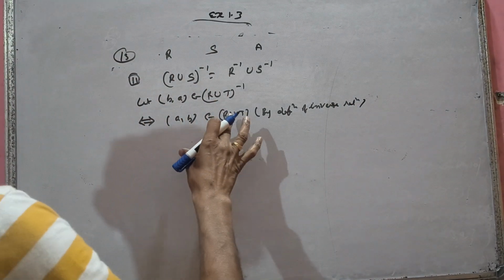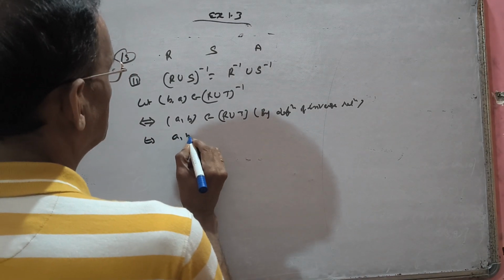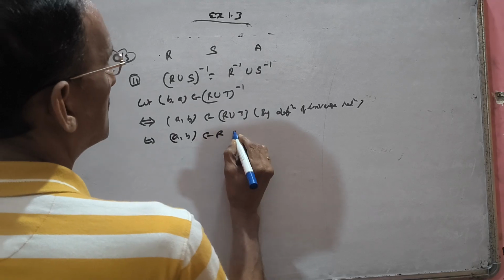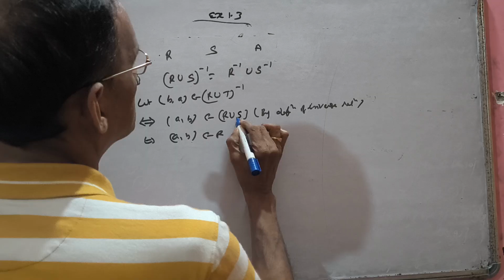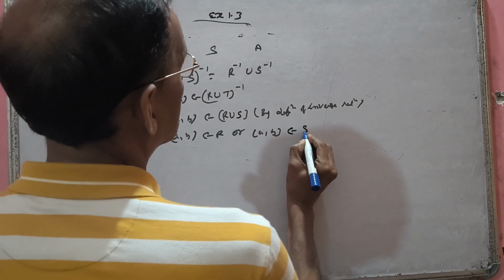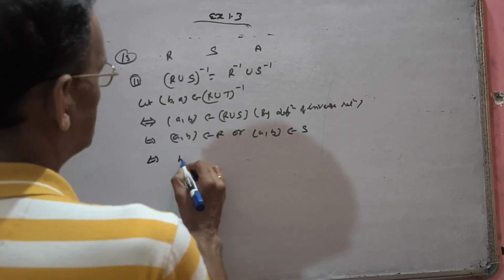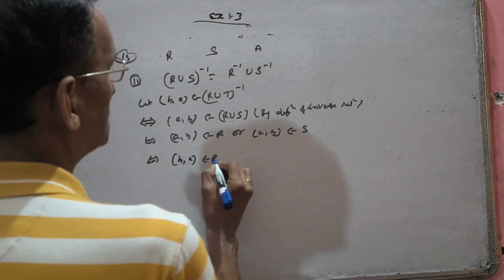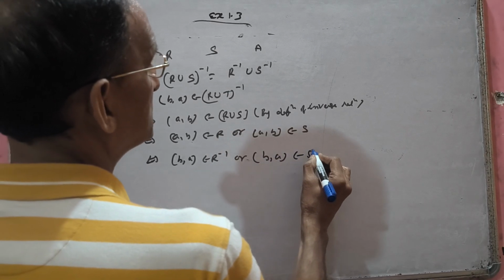Okay, what is the meaning of union? That is, (a, b) belongs to R or (a, b) belongs to S. Now, if (a, b) belongs to R, then obviously (b, a) belongs to R inverse, or (b, a) belongs to S inverse.